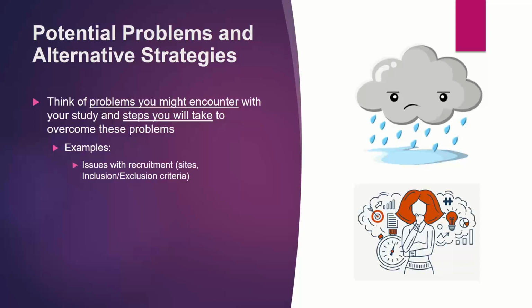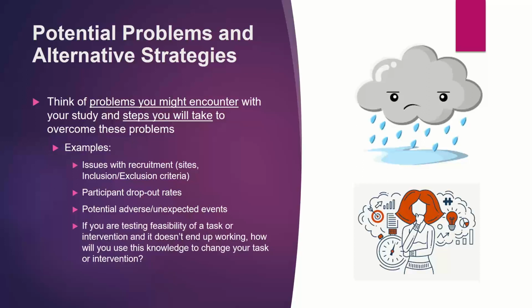Say you have issues with recruitment, so problems with your recruitment sites, there's too many people being excluded due to your inclusion and exclusion criteria, high participant dropout rates, maybe they don't like your real-time fMRI neurofeedback protocol, potential adverse or unexpected events, say you did an experiment using stimuli reflecting disgust and people actually got sick because your pictures were so gross. What are you going to do about that?